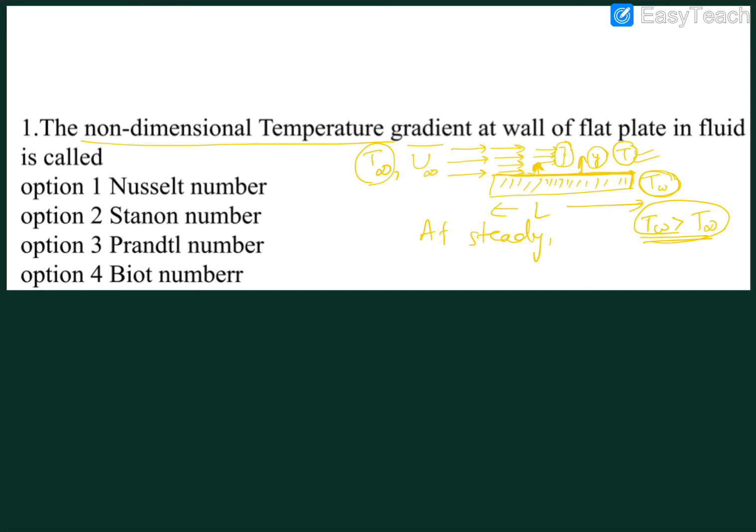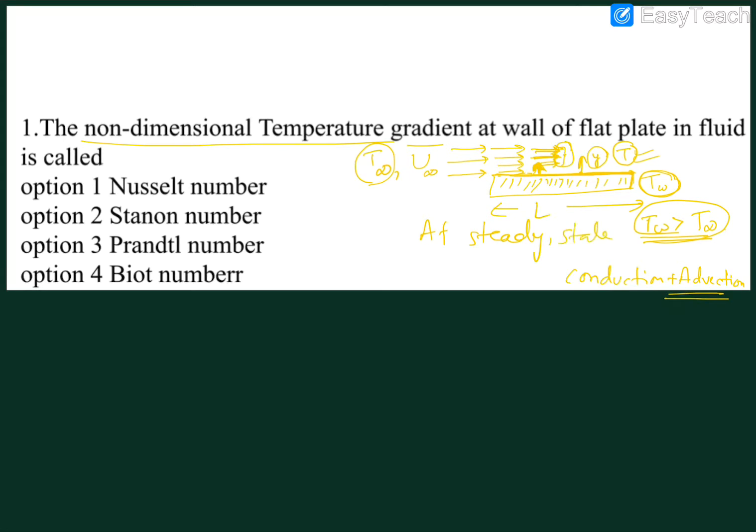So convection includes both conduction and the energy transport parallel to the plate, and that energy transport is called advection. So energy is being transported perpendicular to the flat plate due to conduction, and along the plate due to advection. These two phenomena are taking place simultaneously.